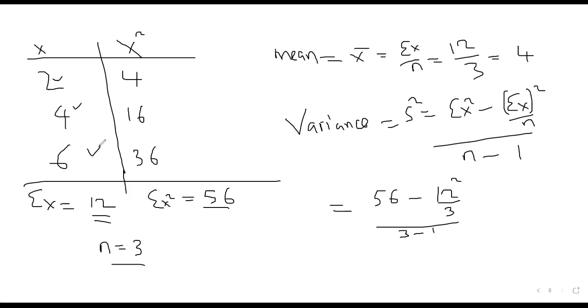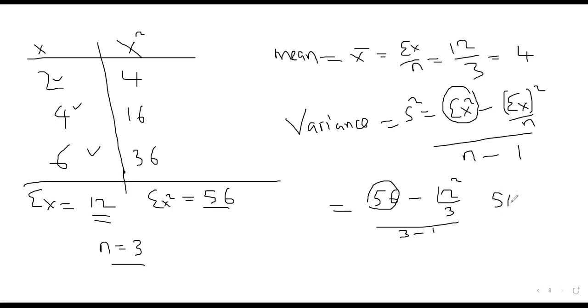Okay, so after getting that, we now use the formula here. Summation of x squared, it's a big number, don't put a small one, so the big number, 56 here. Summation of x to the power 2, so these two are different. Summation of x squared, the summation of x to the power 2. So 12 to the power 2, divided by n is 3, then n minus 1. So you start from here. What is 12 squared? 144. What is 144 divided by 3? 48.